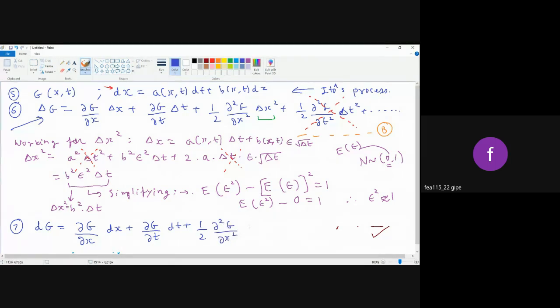And I know delta x square is b square delta t, or b square dt now. And this result is what we call the Ito's lemma result.